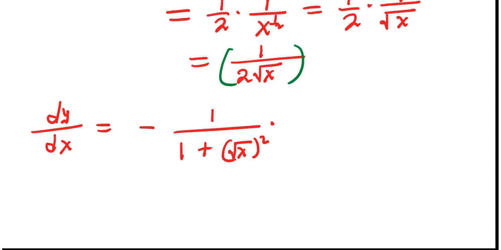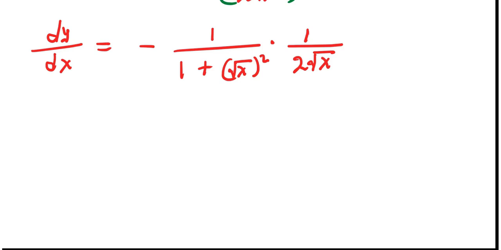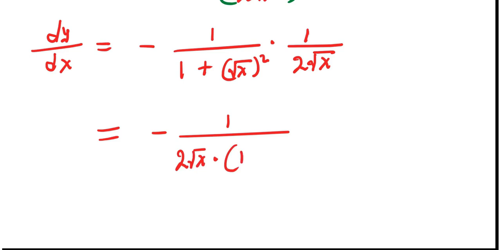So let's transfer that here: 1/2 root x. So if we multiply this, this will give us negative 1/2 root x times 1 plus root x squared, which is x.